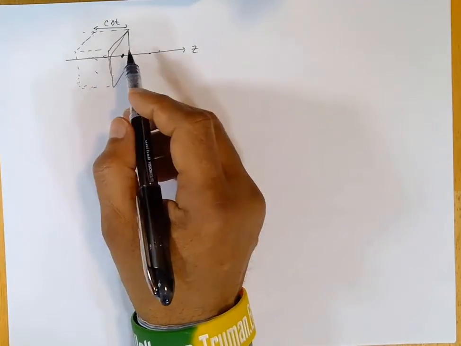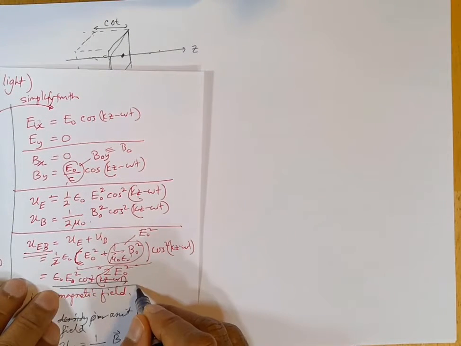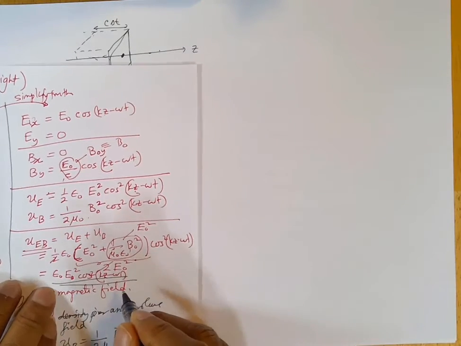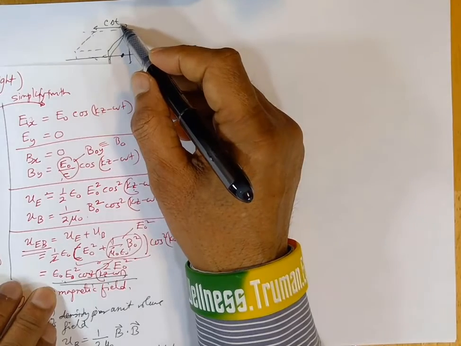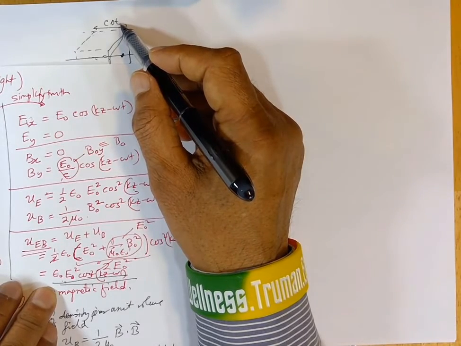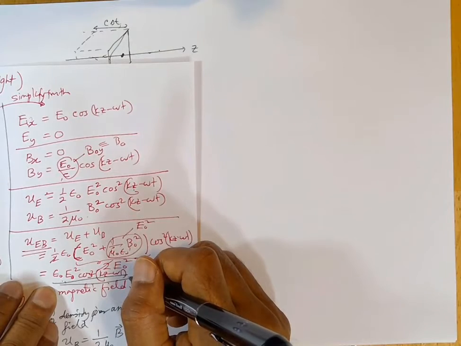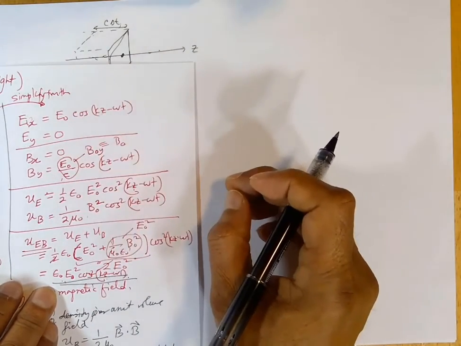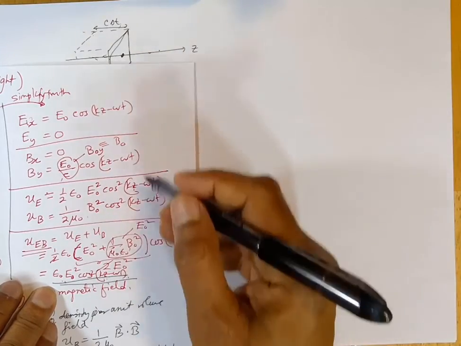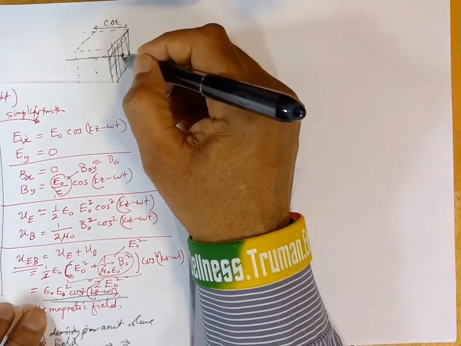Well, we have this formula for energy, so we have this times c times delta t that should pass through it. It doesn't depend on x and y, right?